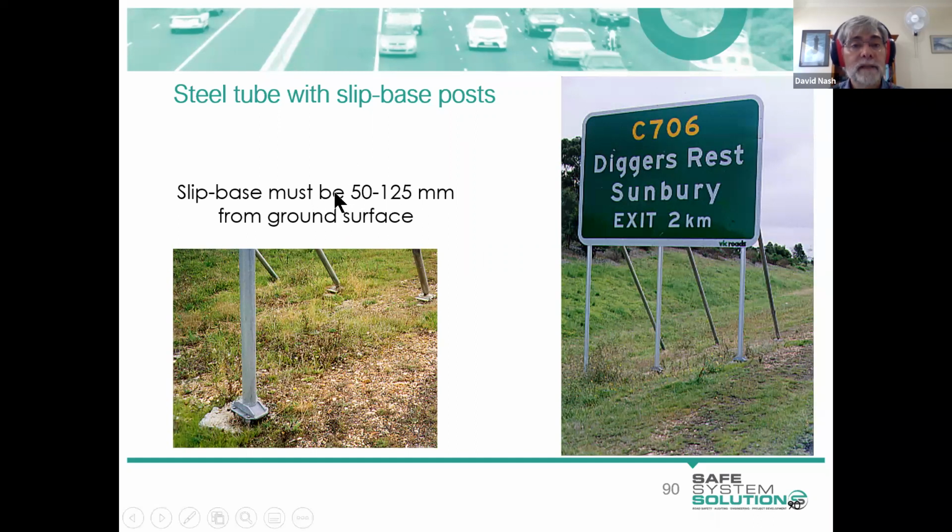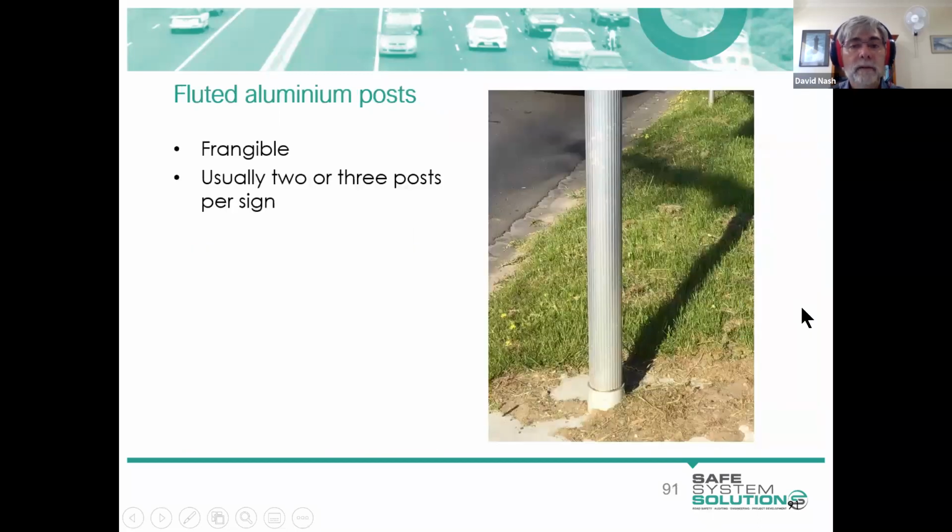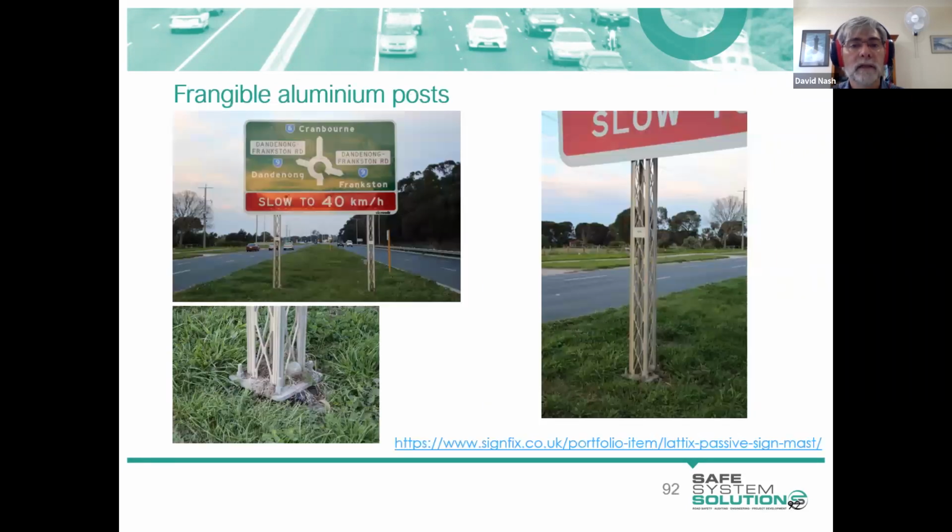The slip base itself should be no more than 125 millimetres from the ground surface, because you don't want the bottom of the car snagging on the bottom part of the sign, which is solidly encased in the concrete. Frangible aluminium posts are becoming more popular, which is good. And I'm going to skip through the last few slides pretty quickly, or maybe we can come back to them next week.